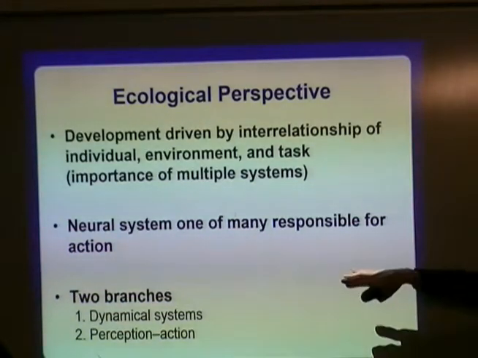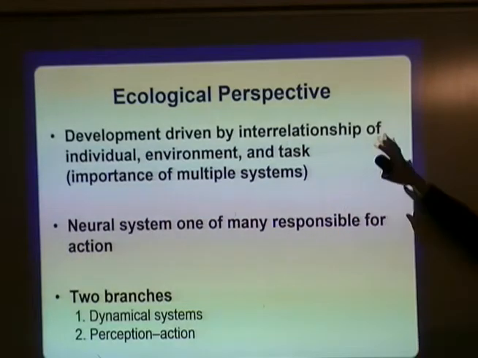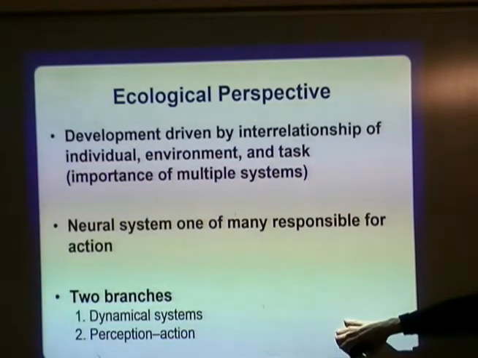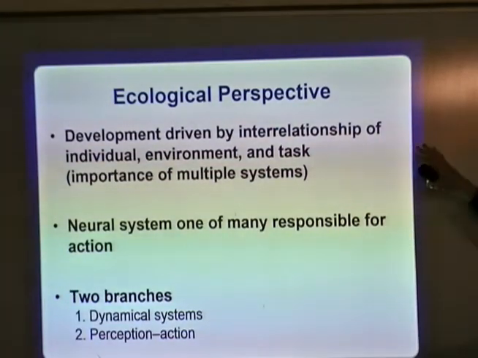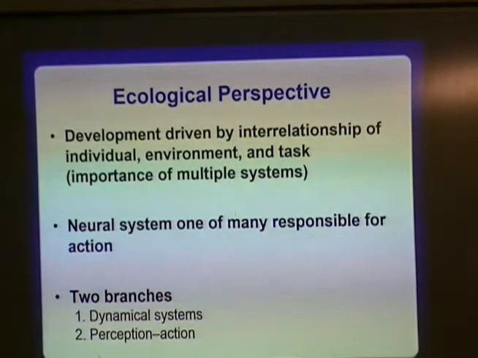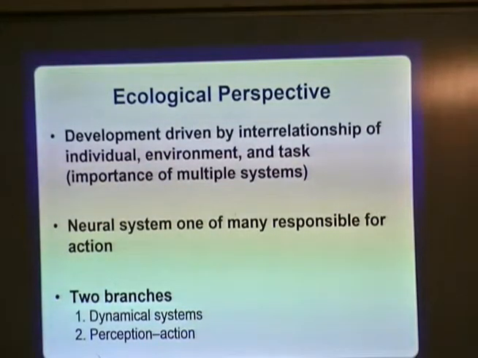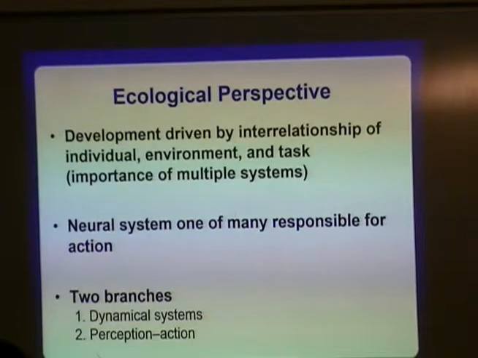When we look at dynamical systems in particular, but also perception action, and ecological ideas, it says, you know what, if every single move I did had to come from the brain, it would have to be the size of the classroom to have enough storage for all those different movement patterns.